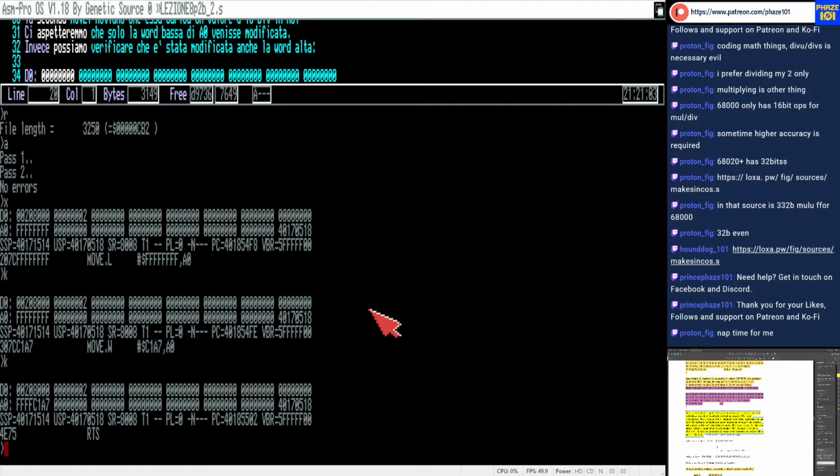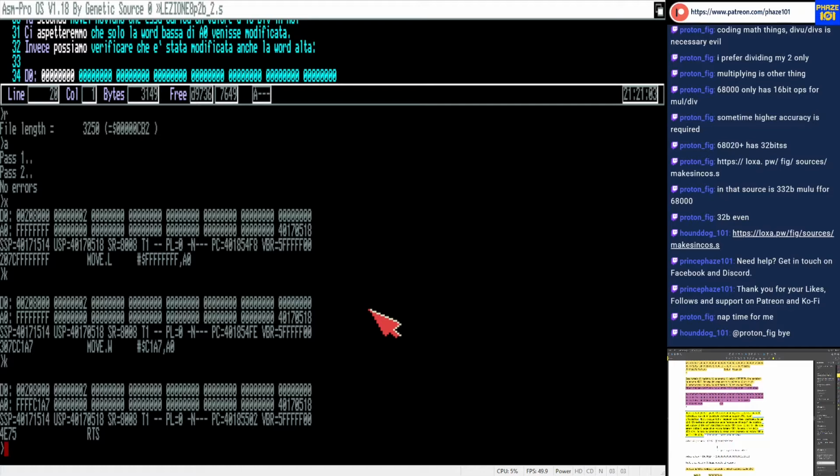It was a word that we moved into A0, but it maintained the sign. C1A7 is considered a signed number. So when you move to an address register, it tries to maintain the sign. So C1A7 becomes FFFF C1A7. And that can catch you up.